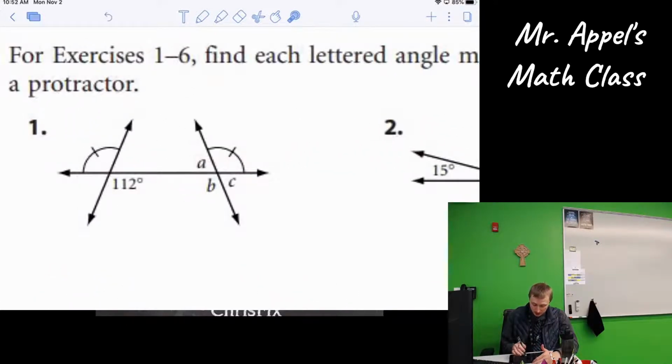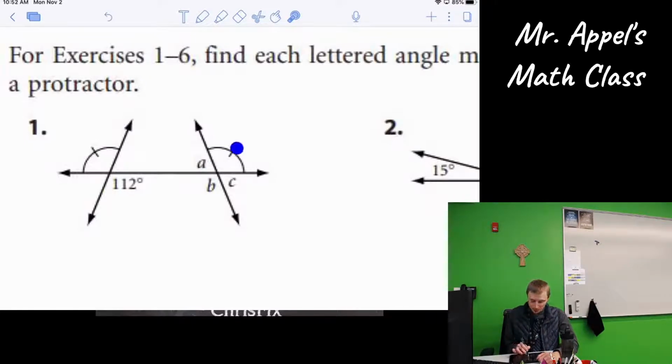So look here. This guy and this guy are vertical angles. They are on opposite sides of the intersection. A and this marked angle are along the same side of a line, so A and the marked angle are a linear pair. If you know what this angle is, then you can figure out A.